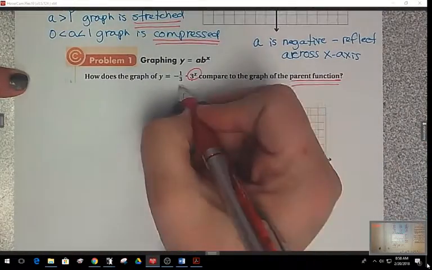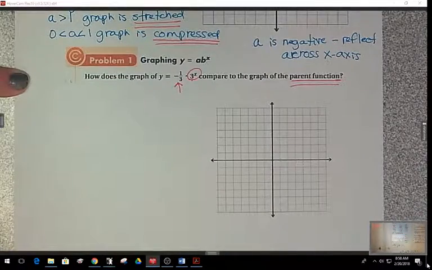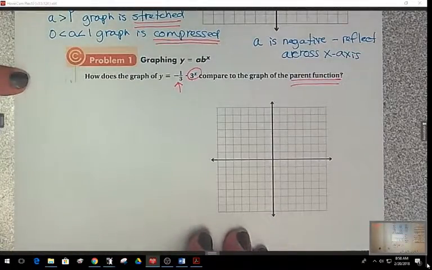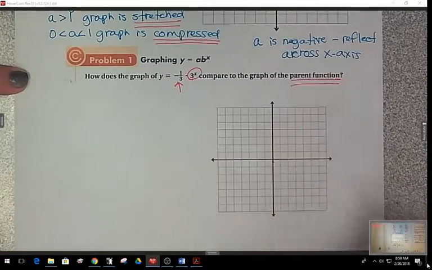What we want to know is, what does this do to that graph? Okay? And we just talked about that your a value is going to be your y-intercept, so it's going to touch the y-axis at negative 1/3, but it's also going to flip the graph upside down.